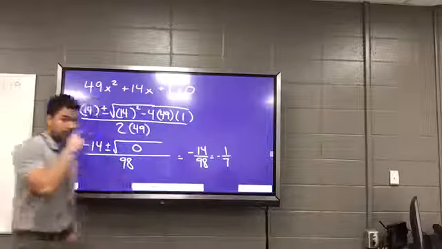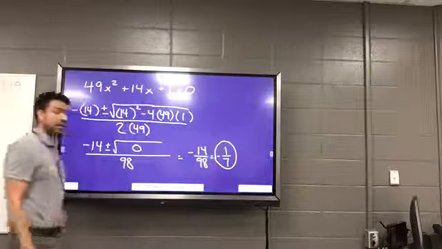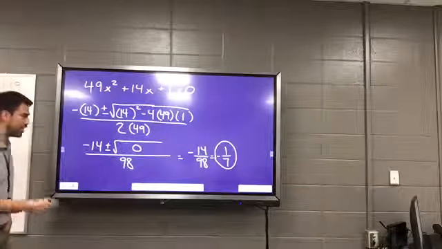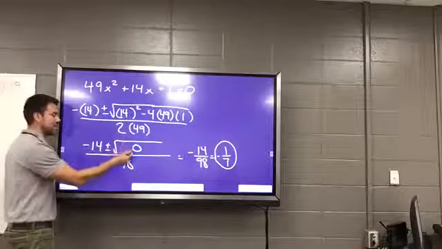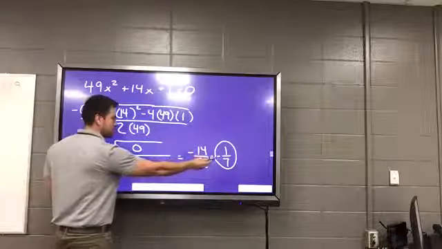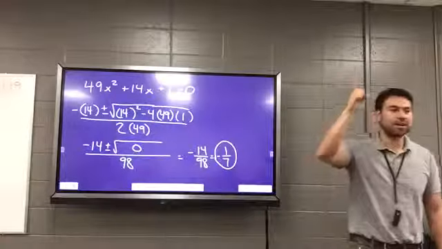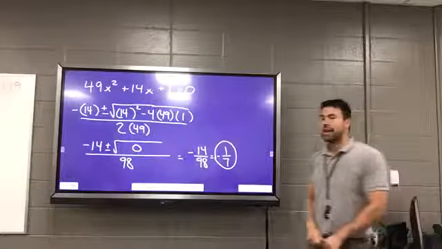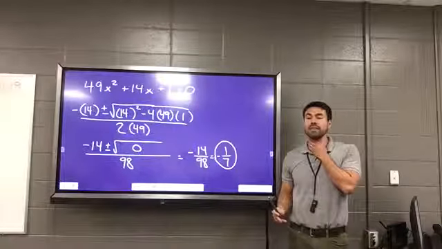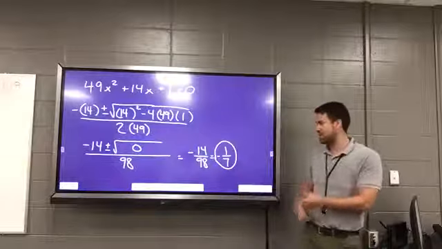So this one is negative 1/7 so far, but I could get another one. I just got to check it. What's negative 14 minus 0? Negative 14 over 98, the same answer, because you get one rational solution. And do you guys remember what rational means? It can be written as a fraction, and it is written as a fraction.